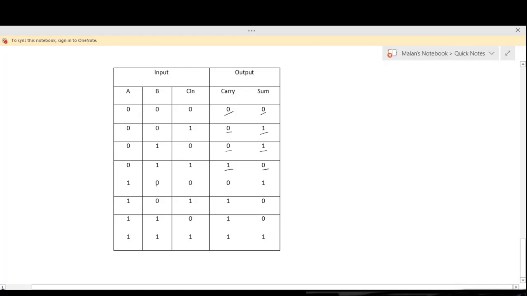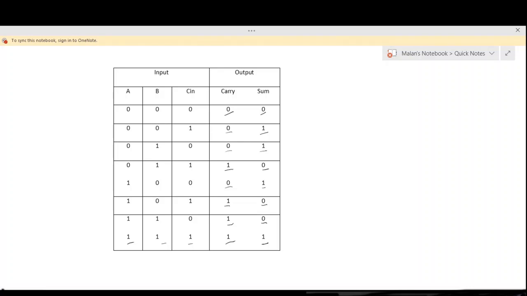When input is 1, 0, 0, sum is 1, carry is 0. When input is 1, 0, 1, sum is 0, carry is 1. When input is 1, 1, 0, sum is 0, carry is 1. But when input is 1, 1, 1, sum is 1 and carry is 1.